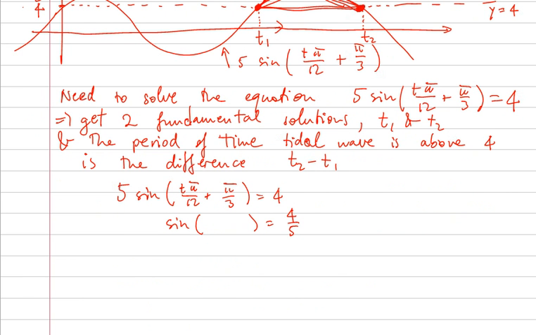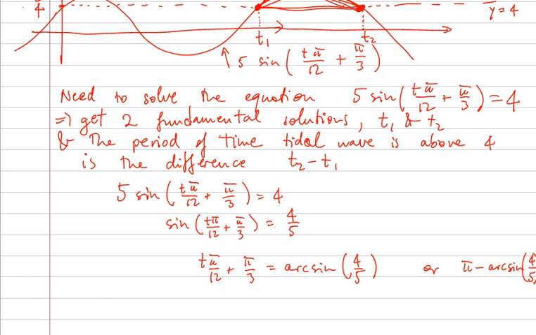So t pi over 12 plus pi over 3 is equal to arc sine 4 over 5, or pi minus arc sine 4 over 5.